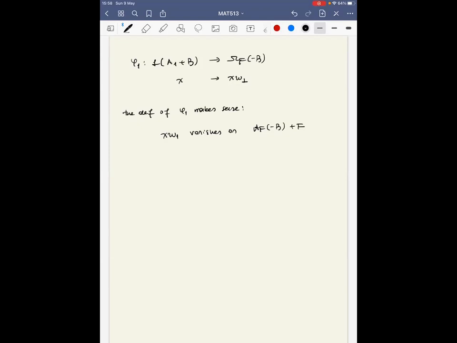This is true because if you consider an element alpha plus z in the adele space of minus B plus F. So that means alpha is an adele in the adele space of minus B. That means its valuation at each component is bigger than or equal to the valuation of minus B at each place p.